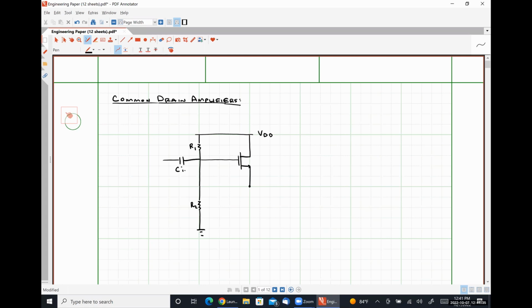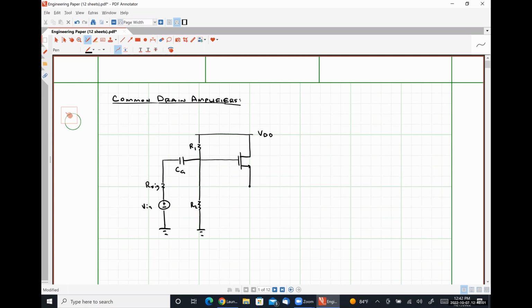I think I called this CG last time. Well, then let's go with CG. We have some signal resistance, R sig, our input voltage.